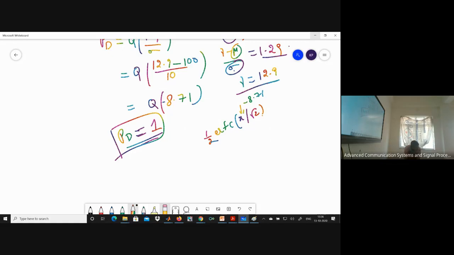In the single sample case the probability of detection was 0.028, which is very small. The moment I increase the number of samples, the probability of detection goes to 1. That means I can detect the target without any chance of losing it. Because of this, the Neyman-Pearson detector, or constant false alarm rate detector, is one of the important detectors used practically in real-time situations.